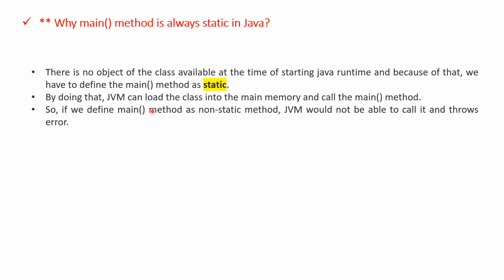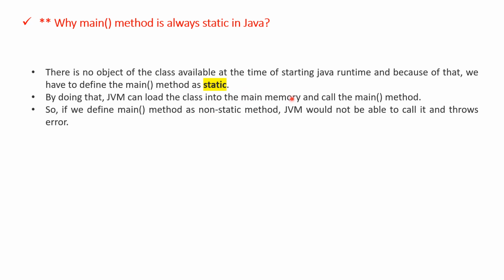If we define the main method as a non-static method, if we do not give static in the main method, the JVM would not be able to call it, and it throws an error for us. If you are using any IDE, just try once without giving static in the main method, and check out the error it throws.